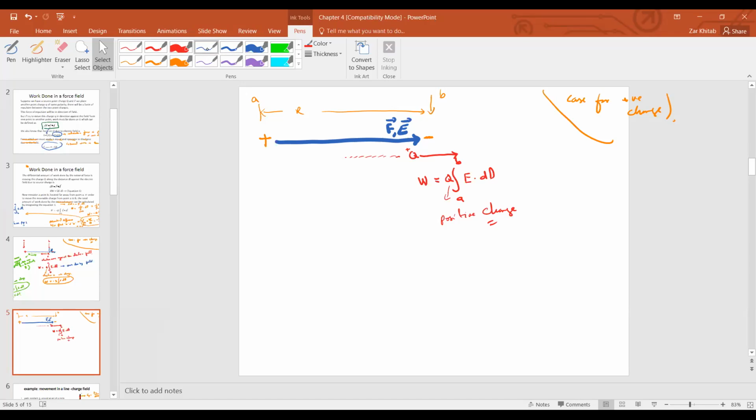So the kinetic energy which this charge will gain will be in this direction, to the right. And it is the work done by the field. So we take work done by the field as positive.